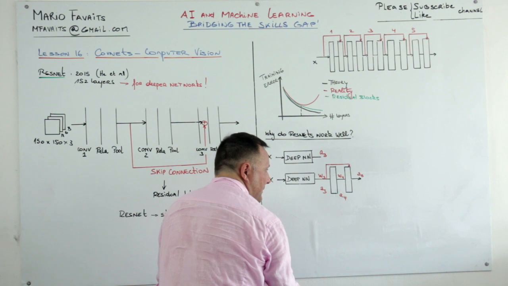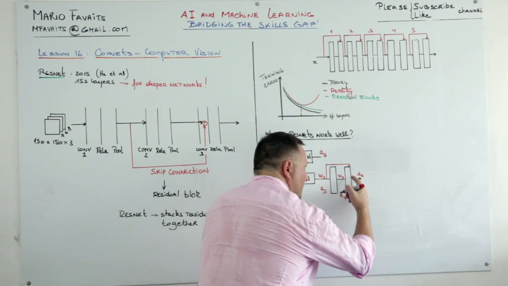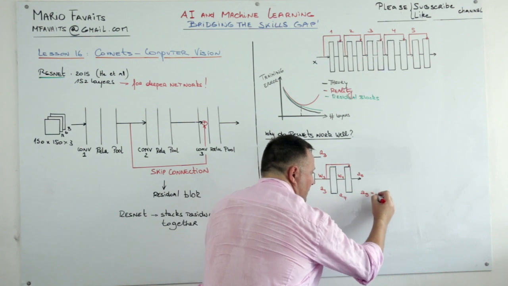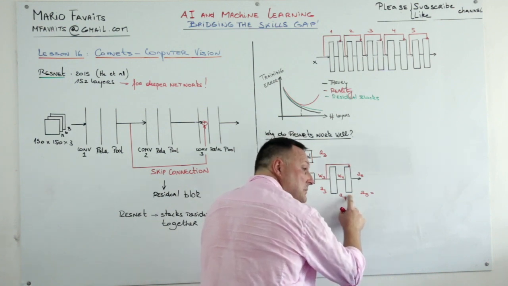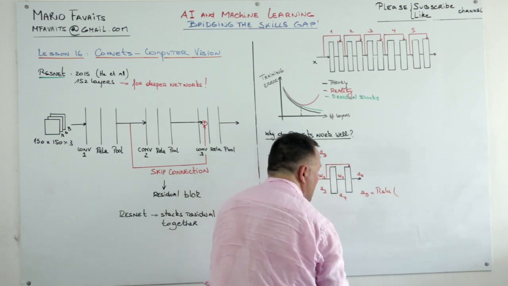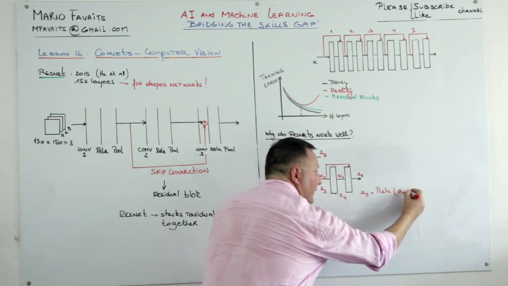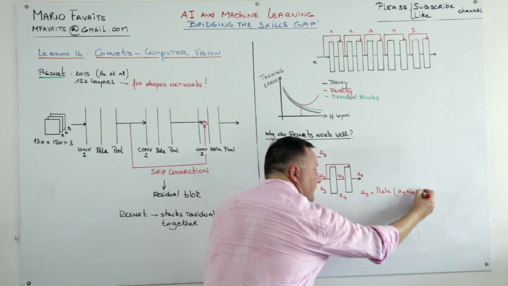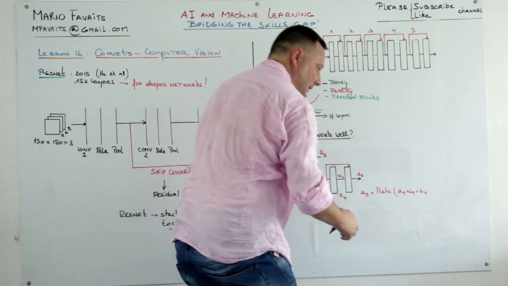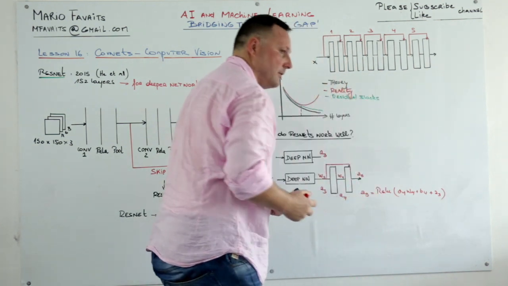So what's going to happen is that A5 equals, and remember we inject before we apply the ReLU, so we have ReLU of A4 W4 plus B4, the bias. And here we're going to inject A3 as well, so plus A3. And then we take the ReLU.